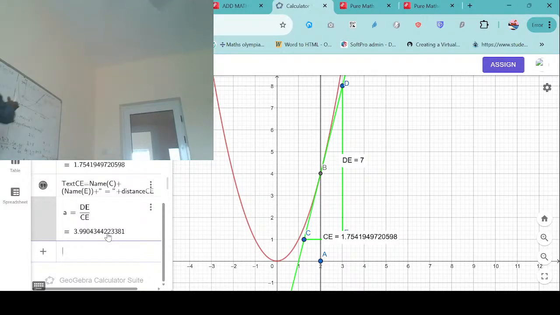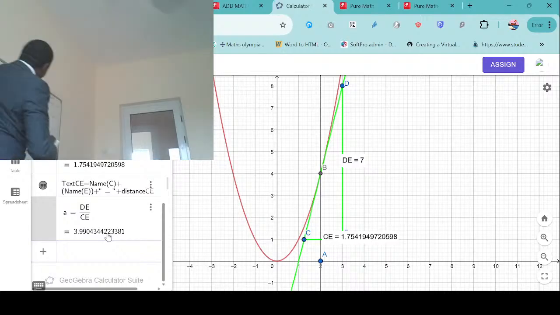Change in x is the base of the triangle. Let's say we have a change in x of 0.1. So the answer is 4 plus 0.1, which is 4.1. But that is not the actual gradient we're looking for, because the actual gradient has to be a tangent that passes through this point. So this line is not a tangent.